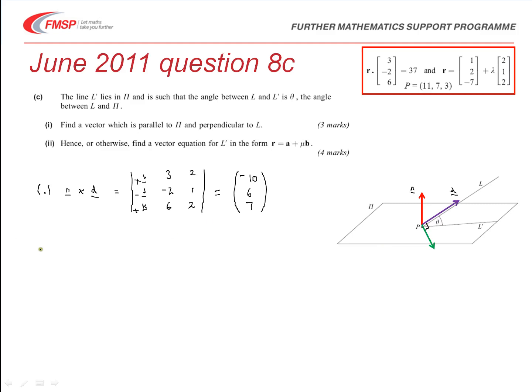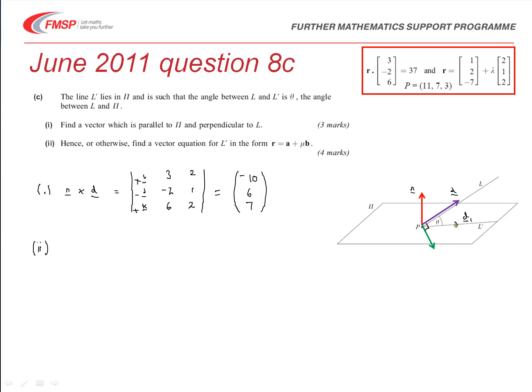Now in part 2, it then says we want the vector equation of this line L. Well, for this vector equation of the line L, we need to know the direction, call it D1, of that line. So we need to find that direction vector.